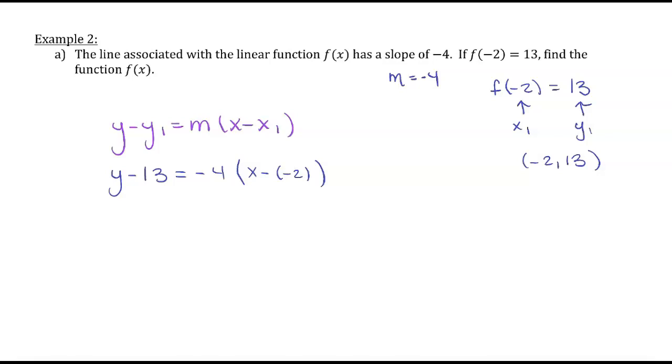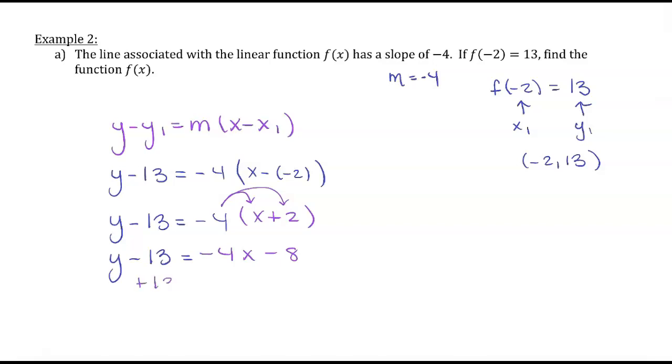Two negatives make a positive, so this is x plus 2. Now we can distribute the -4 to the x and the positive 2. -4 times x is -4x. -4 times 2 is -8. Finally, we'll add 13 to both sides to have y equals -4x plus 5. Now we have the equation of the line with the slope -4 passing through the point (-2, 13).